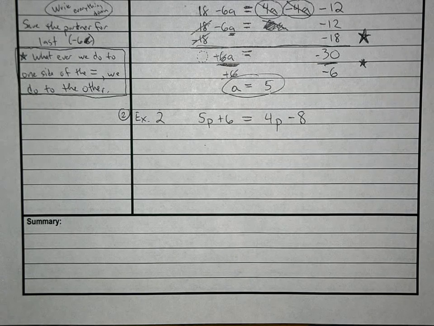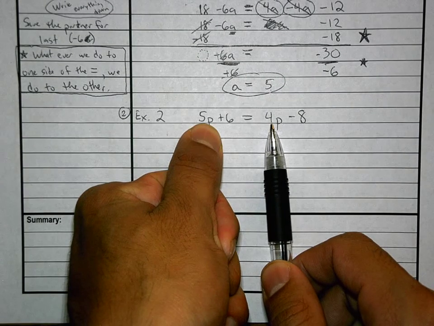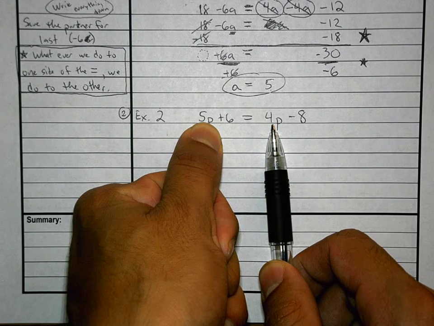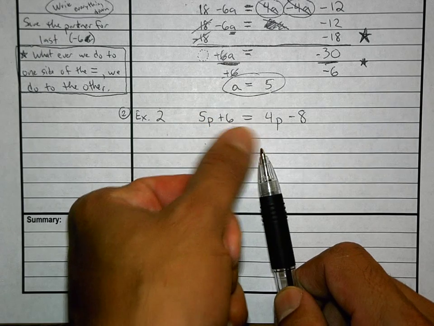Are these p's, the 4p's, on the same side as the 5p's? These two things are on opposite sides of each other, aren't they? And you're going to have to make a decision. You're going to have to decide, do I want to move the 5p this way or the 4p this way?